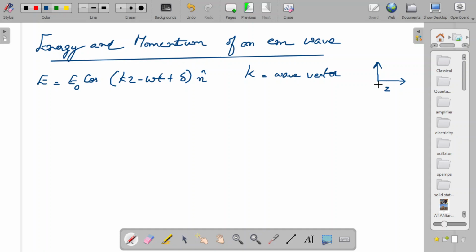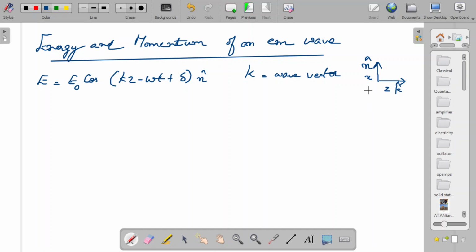For the time being, let me consider this electric field is directed in the direction of, say, x. The unit vector in the direction of x is denoted here as n, and the unit vector in the direction of z is denoted in our study as k.